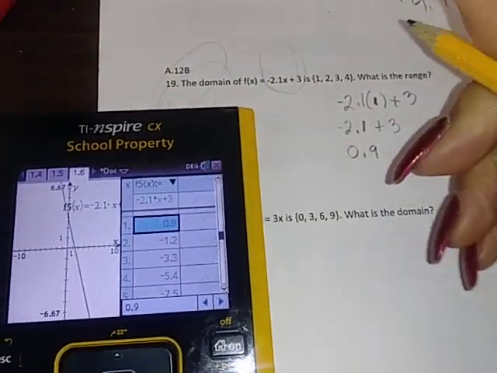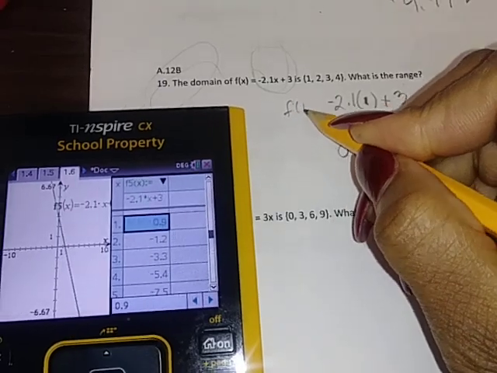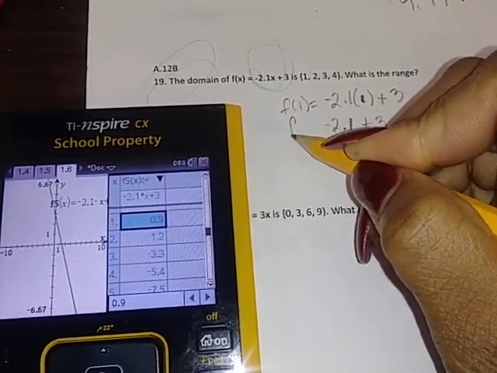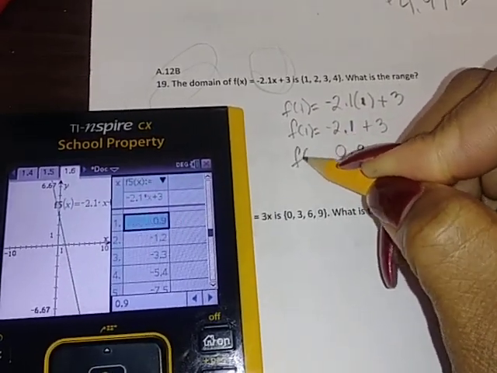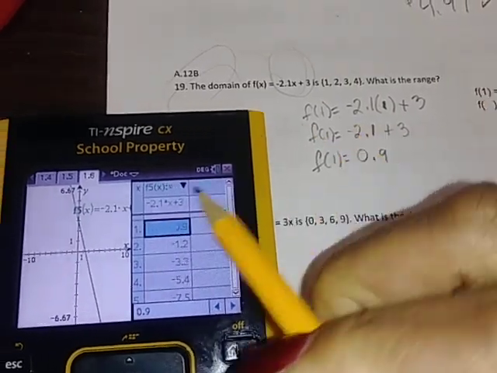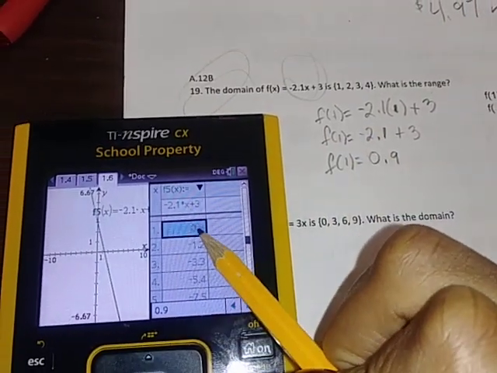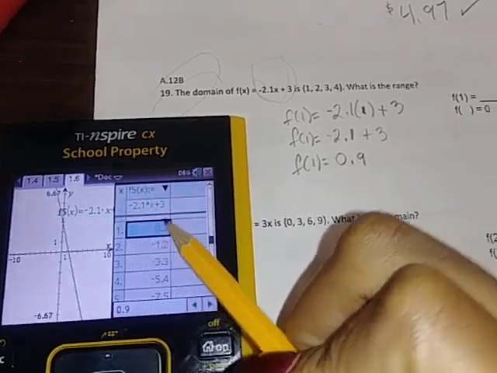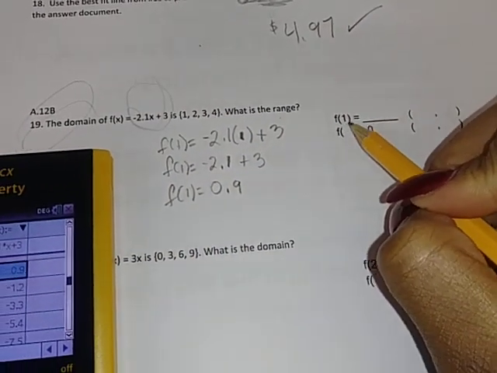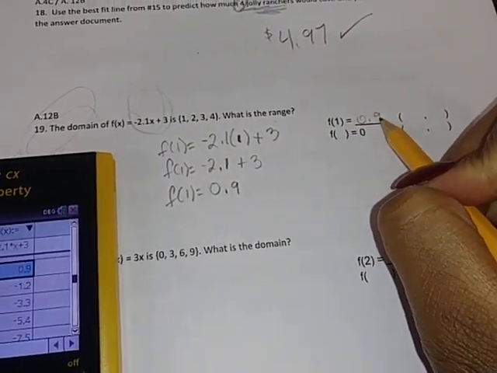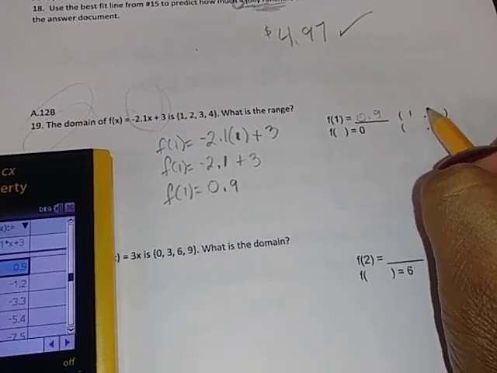So we have f of 1, I put 1 into the function, equals 0.9. Put 1 into the function, out comes 0.9. So what is f of 1? And you write that as an ordered pair.